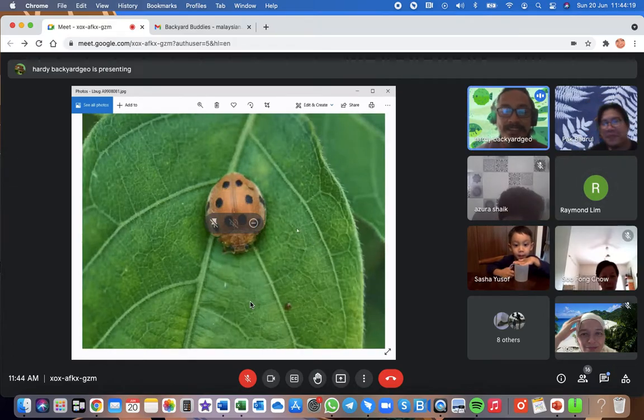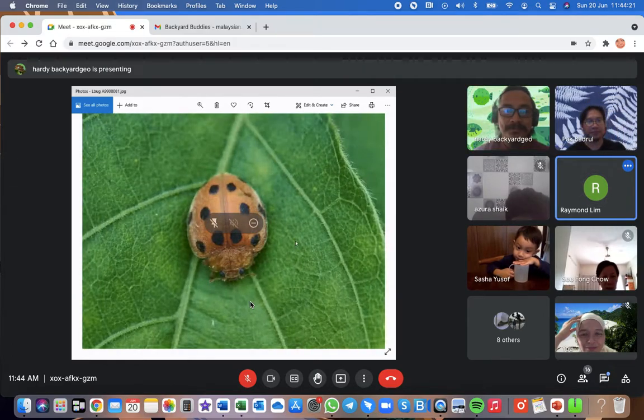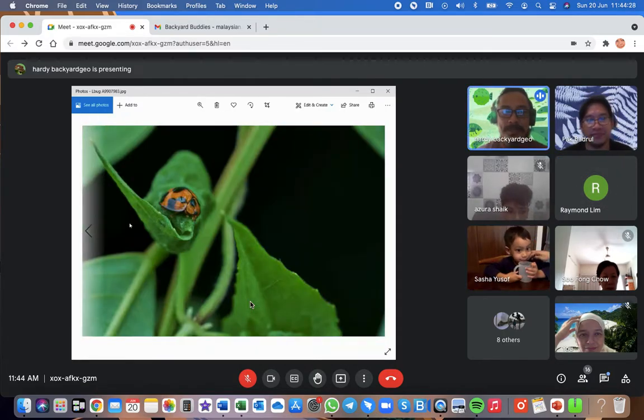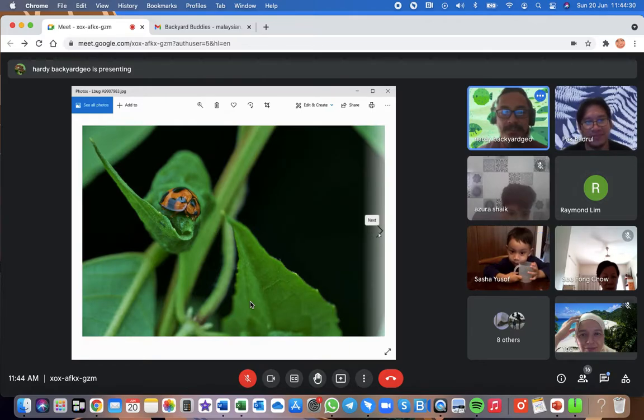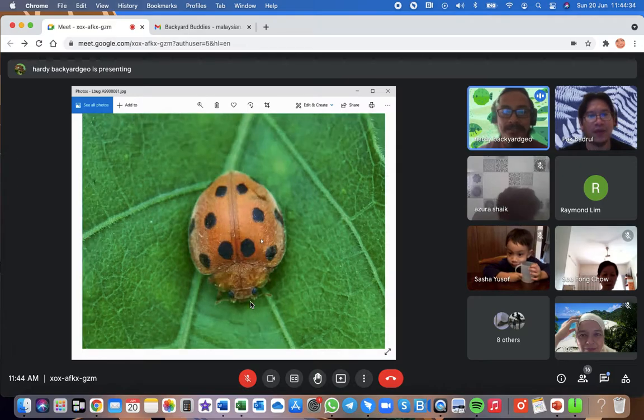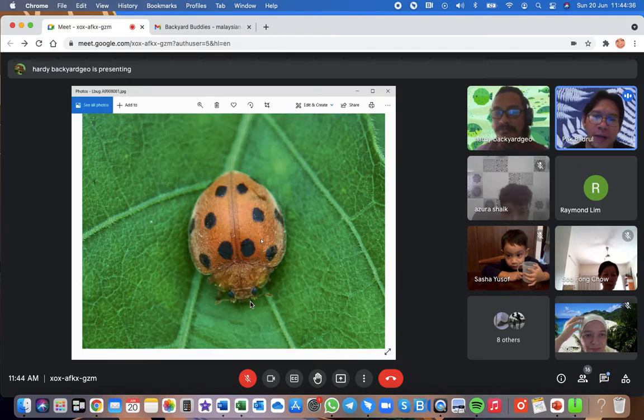Okay, this is interesting. What is this? It looks the same as the photo that you saw last time. Looks the same. But why is this different? It's the same ladybug, but actually in our garden there are good ladybugs and also bad ladybugs.